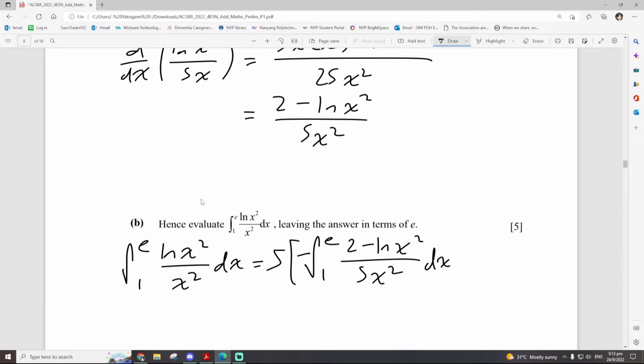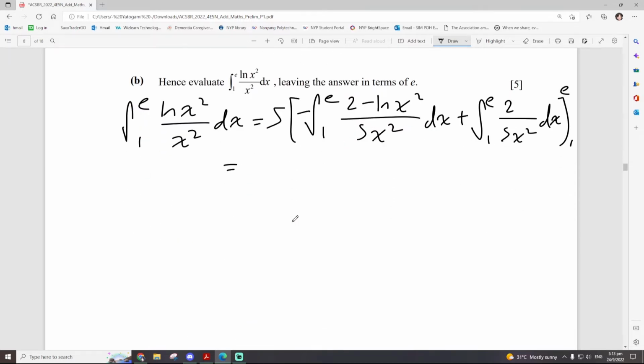Okay? And then this is going to give me ln x squared minus 2, and what I need to do is add 2 over 5 back. So I will get integral from 1 to e of 2 over 5x squared dx. And I'm going to evaluate this from 1 to e. So I took out a 5 so that I could work conveniently in terms of what I have here. So let's see what we get. We'll get 5.